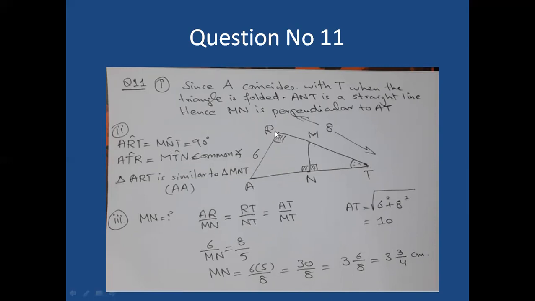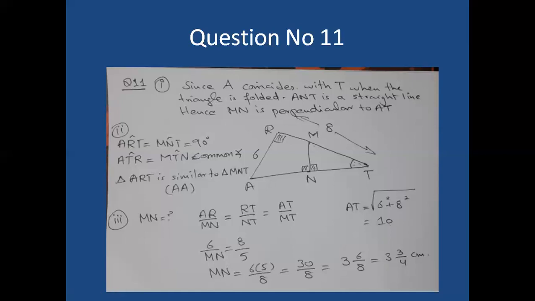RT, R to T, that is 8, NT I don't know. But you know, because this big one is a right angle triangle, stop for a minute. I know this is 6, I know this is 8, and AT is the hypotenuse. So I can apply Pythagoras. Here you can see AT will be equal to the square root of 6 squared plus 8 squared, and that will be the square root of 100, and that will be 10.